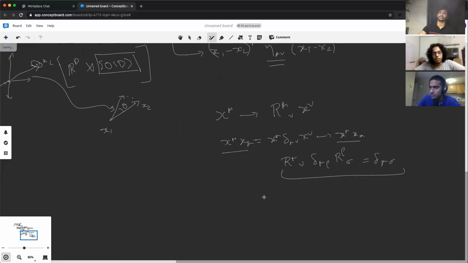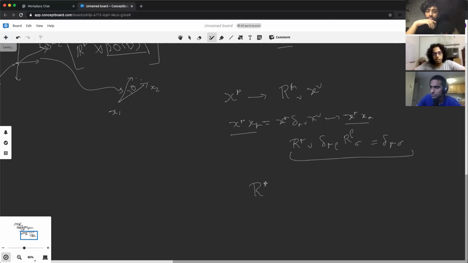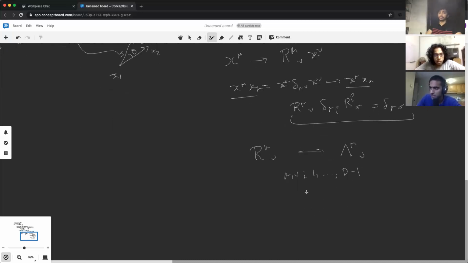Now, if you want to go to Lorentzian signature, all you do is replace the rotation matrices by Lorentz transformations. If I take mu, nu to be all the indices that are spatial, then they're just the same, and then I get boosts if I take either one of them to be 0.